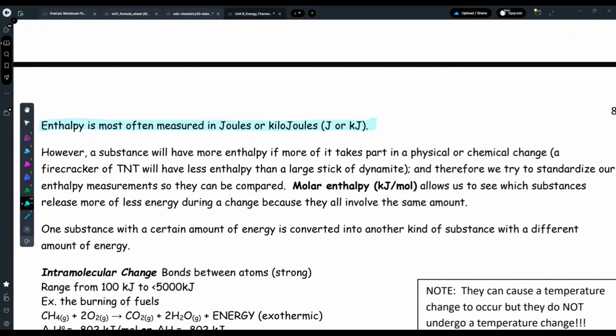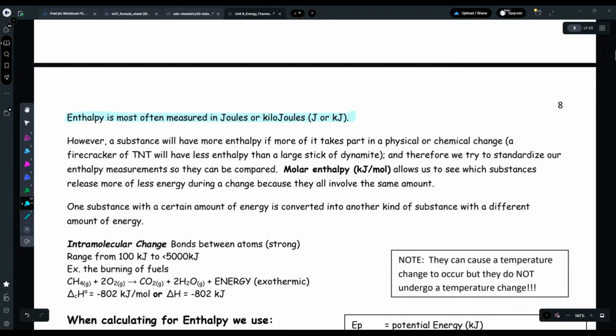For example, a small firecracker of TNT is going to have less enthalpy because there's less mass than a large stick of dynamite. So we try to standardize our enthalpy measurements so that they can be easily compared. That's where molar enthalpy comes in.